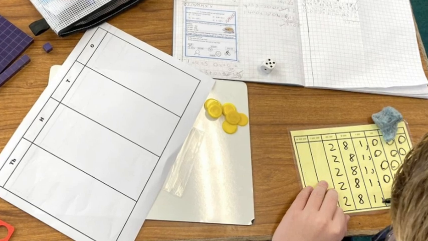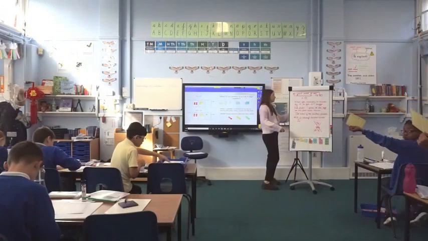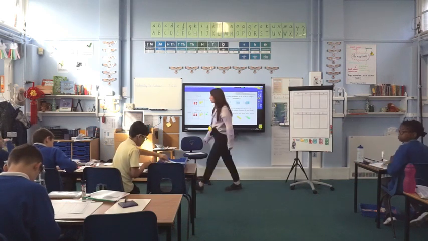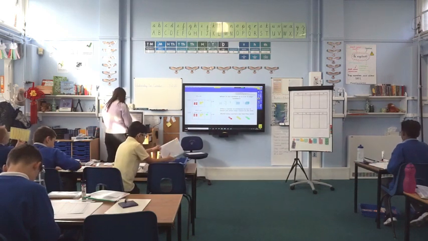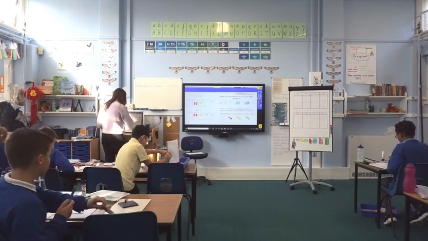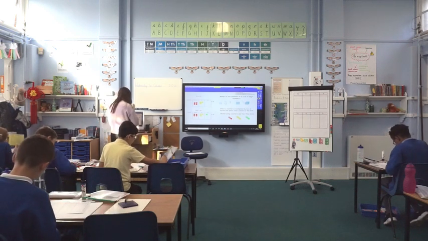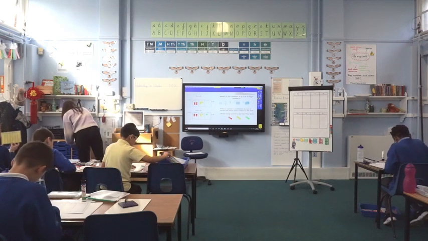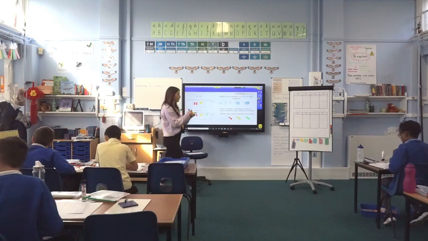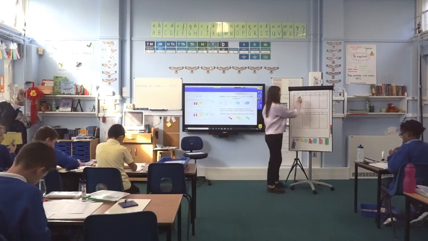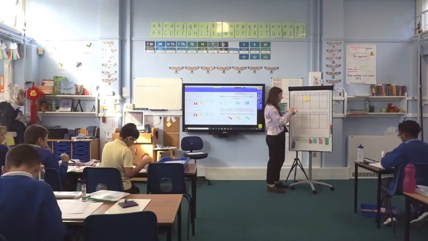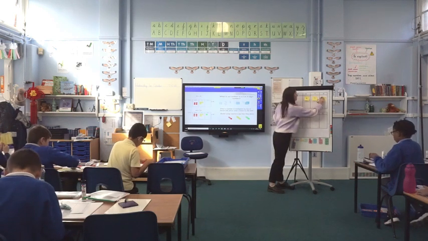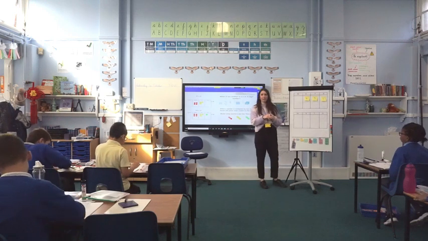So I might start on my place value chart with my 400s, 3 tens, and 1 one.